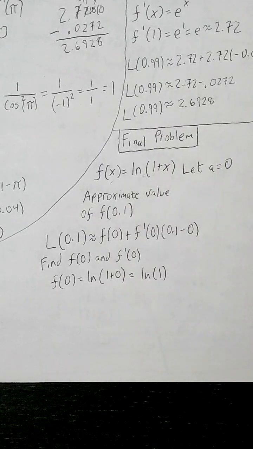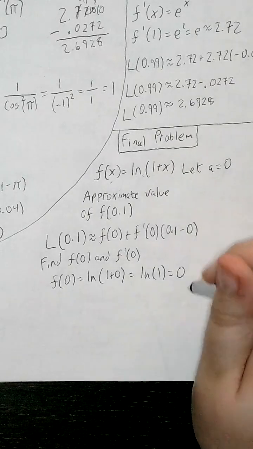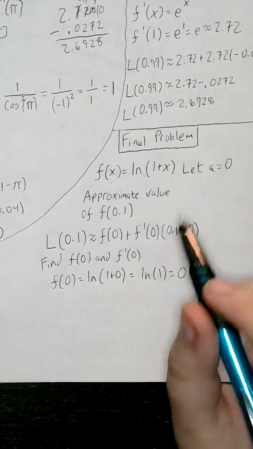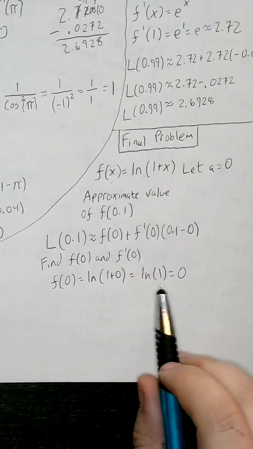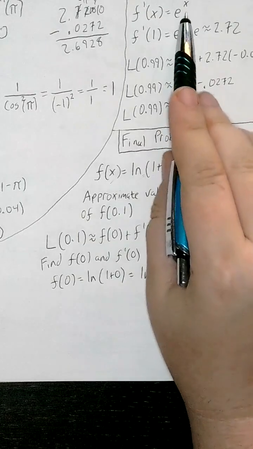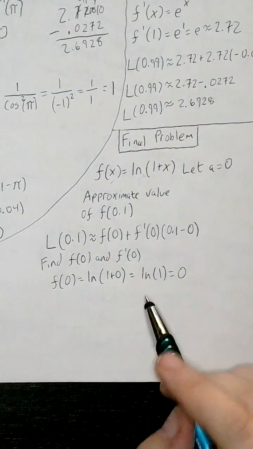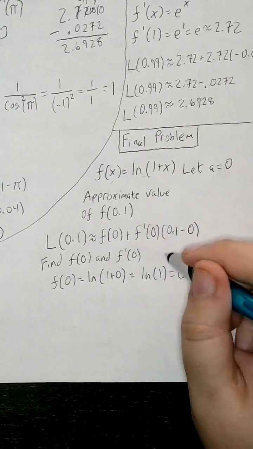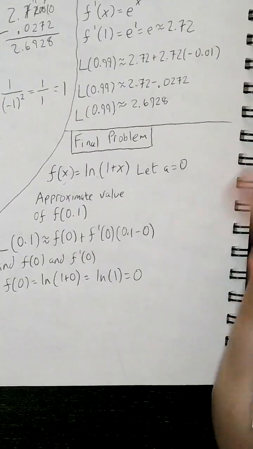Now, does anyone know the natural log of 1? Right, Joe, it's going to be 0. That's right, Joy. Thank you. And how do we know this? Well, natural log and e are inverse functions. So the natural log of 1 is log base e.